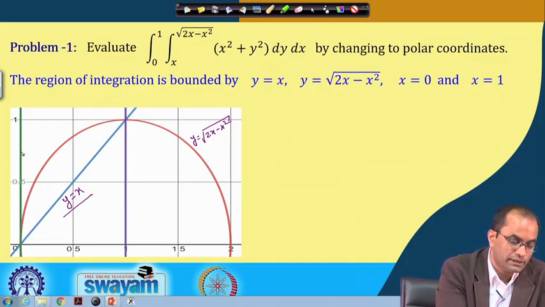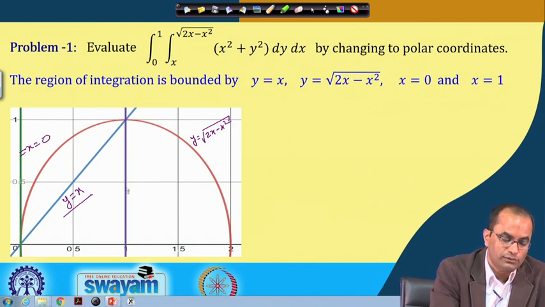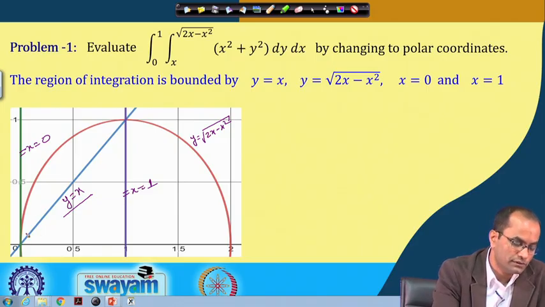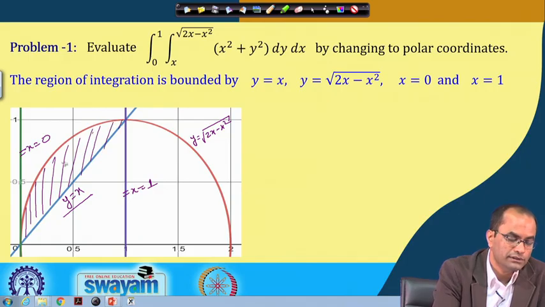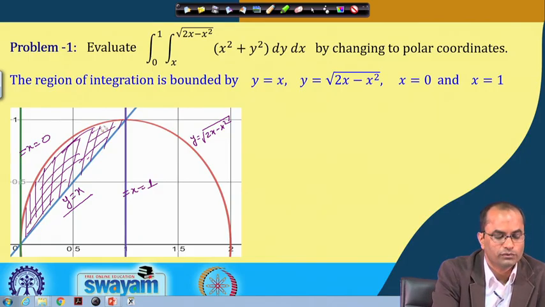So, this is the line x is equal to 0 to the line x is equal to 1, and the region enclosed by this one, from the line y equal x to the circle. So, this is the region of integration which we are using here, and we now have to cover it with the help of polar coordinates.